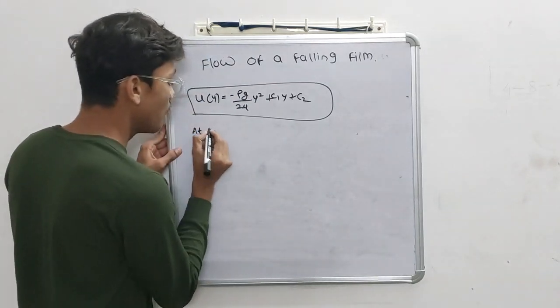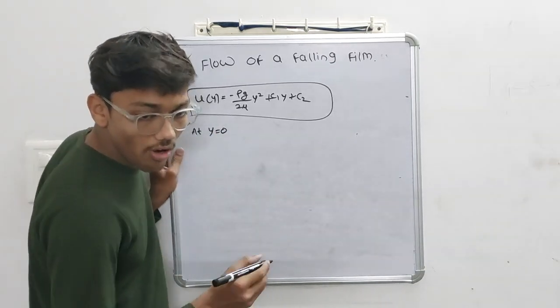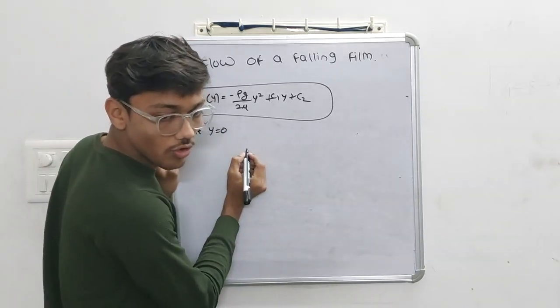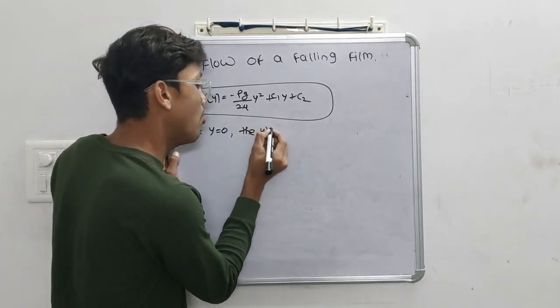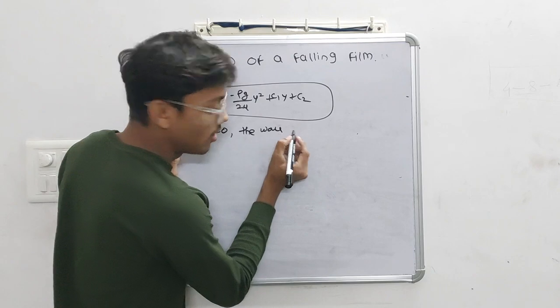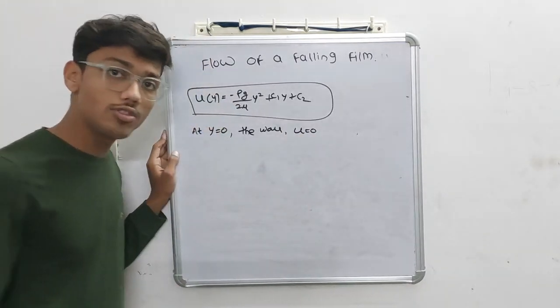At y equals 0, the wall, u equals 0, there is no slip condition.